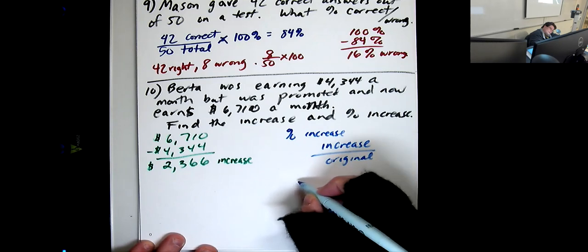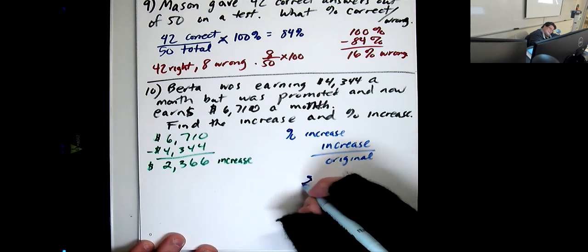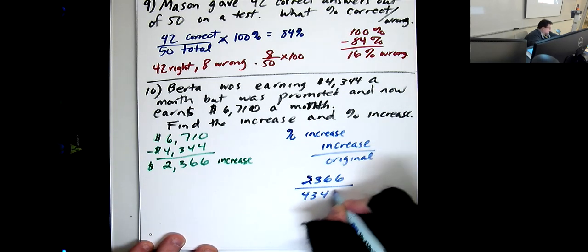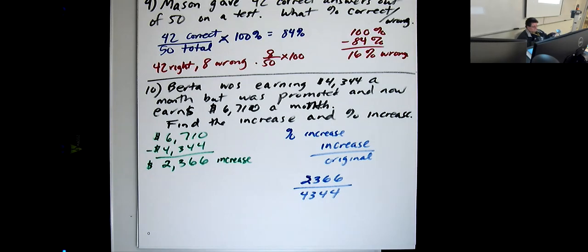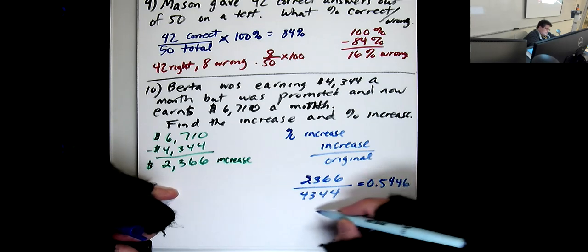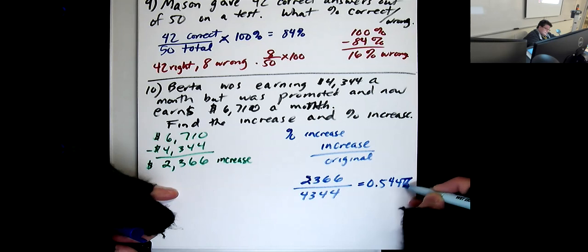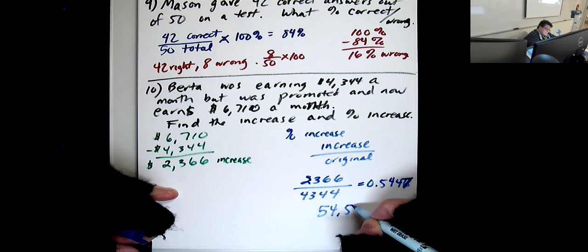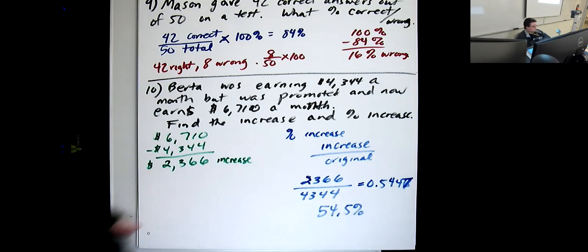I'll find out. Oh, barely under. Well, if I rounded it, that would be a 7. We could say 54.5%. That's a good promotion.